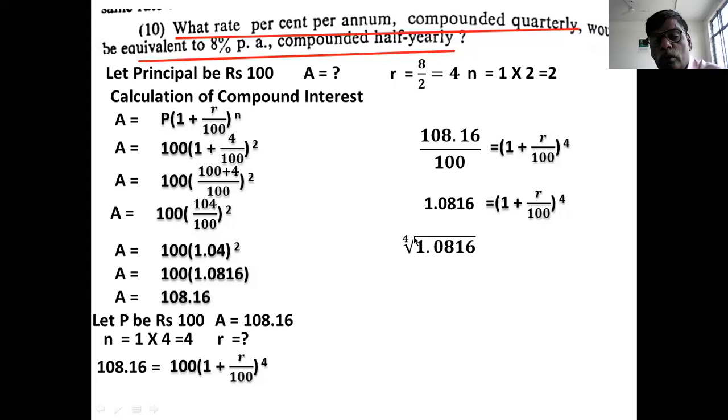If you take this 4 to this side, it comes in the root place. 4th root of 1.0816 is equal to 1 plus R by 100.